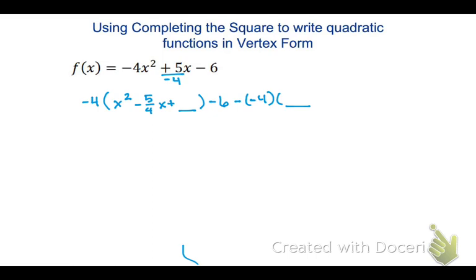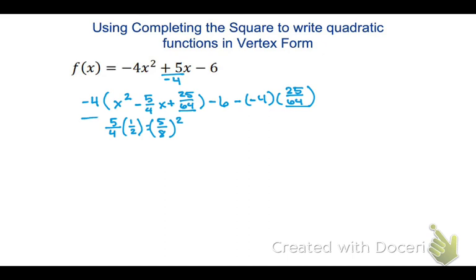Okay, so you have negative 5/4 divided by 2, so that's multiplied by a half. So 5/8 squared gives you 25/64, in and 25/64 out.